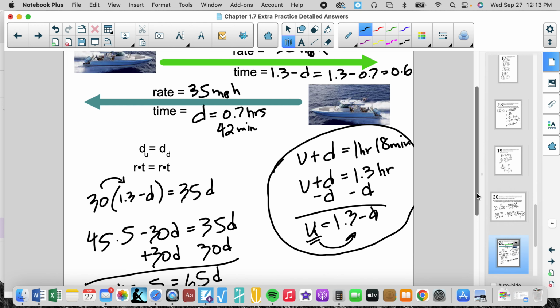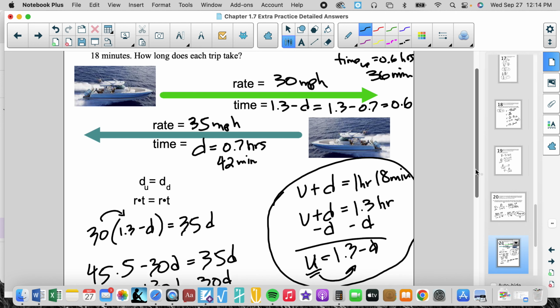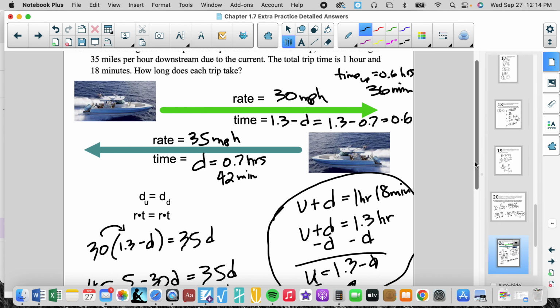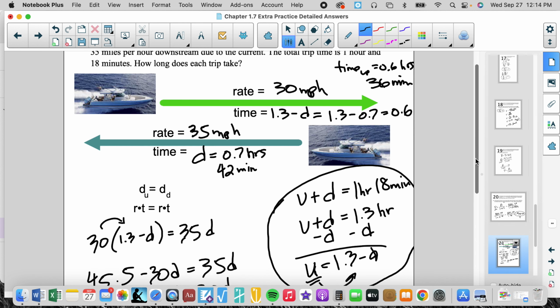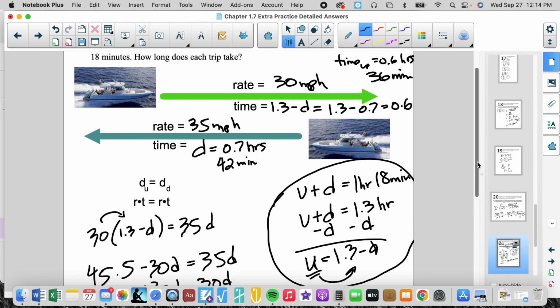Upstream plus downstream should equal an hour and 18 minutes. Upstream plus downstream equals 1.3, so upstream is 1.3 minus D, and downstream should equal D.